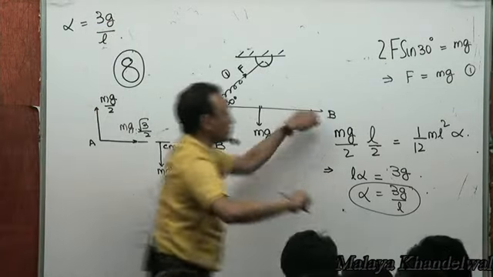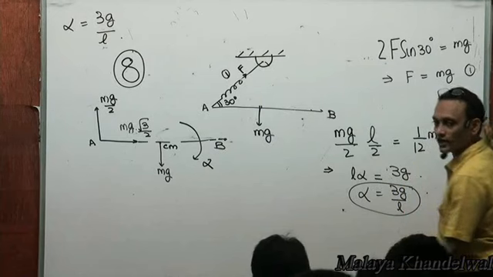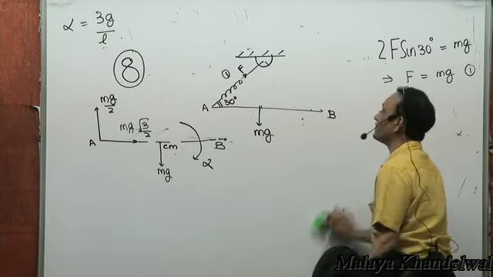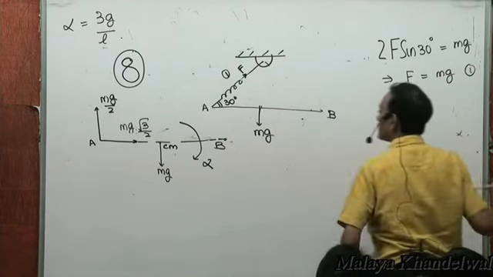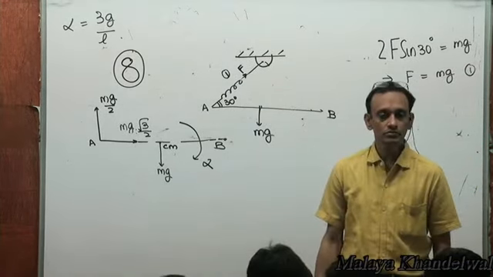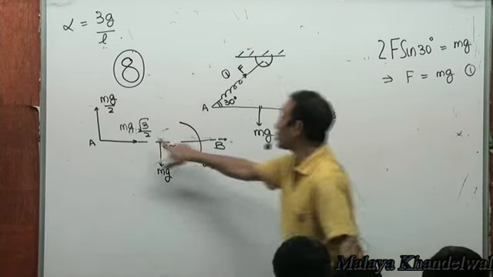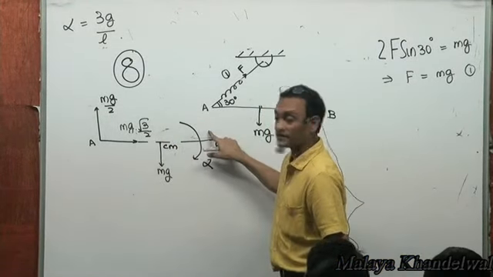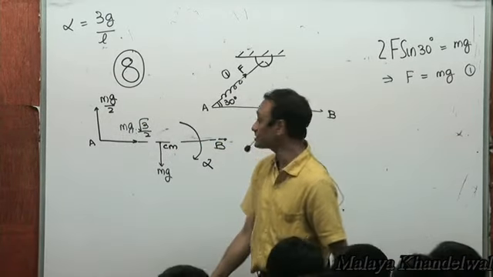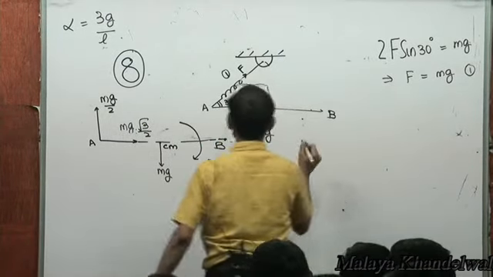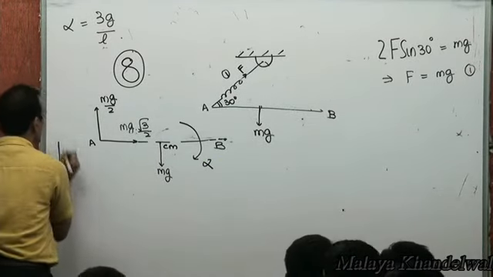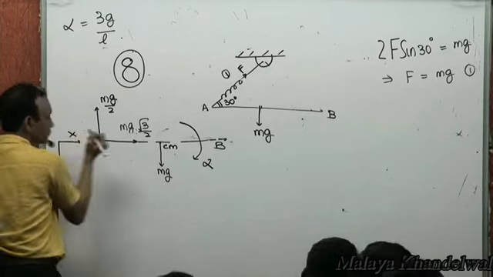L. Now, let me remove all of this. Can I remove the clutter from here? Okay. How do I find the acceleration of the center of mass? Will the center of mass move down or will it have a rightward acceleration also? Yes. Because of this, there would be a rightward acceleration of the center of mass. The combination of mg and mg by 2 will give it a downward acceleration. Okay. Let me call this the y direction and this the x direction.